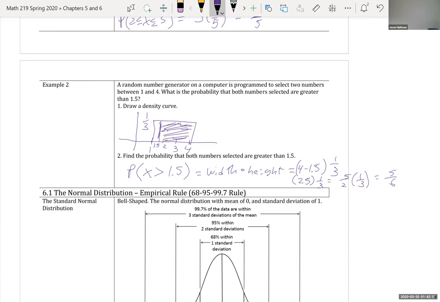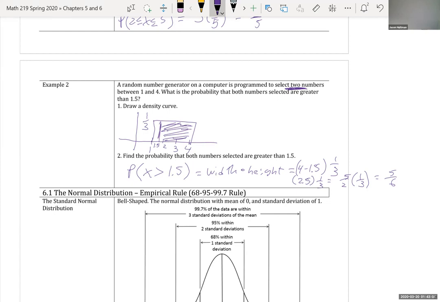Now, we have to go back and see, well, that's the probability for 1. It says a random number generator on a computer is programmed to select how many numbers? It's 2 numbers. So the probability that we would get 1 number to be greater than 1.5 is 5/6, but we now want the probability of selecting 2 of those numbers.